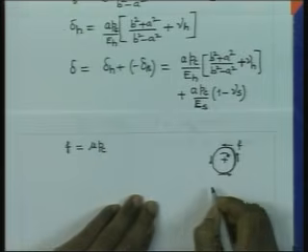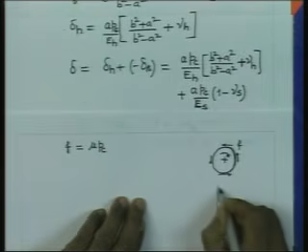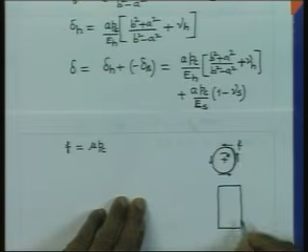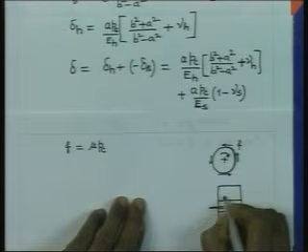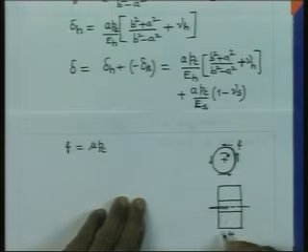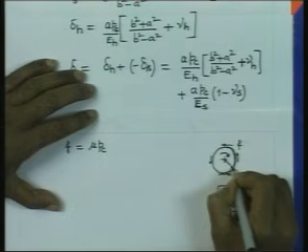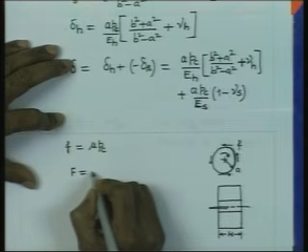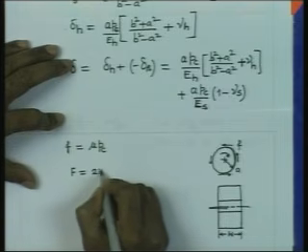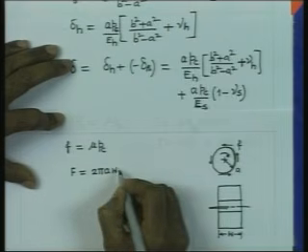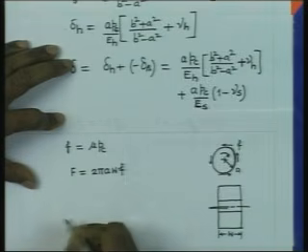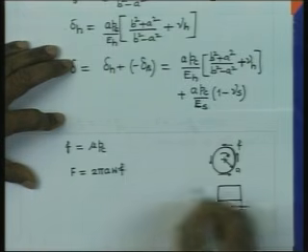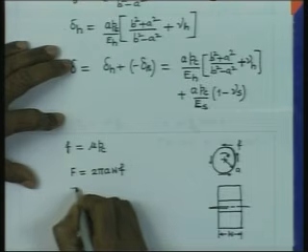And if you consider the hub of the gear to have a width, let us say this dimension is equal to W, and the radius of the shaft is equal to A. So, therefore, the total friction force is going to be acting over an area of 2 pi A multiplied by W into F, and the moment of this friction force about the center is going to be the torque.